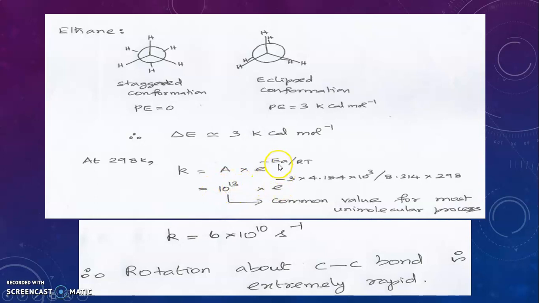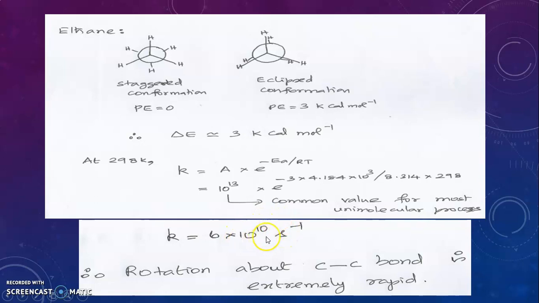Then substitute the activation energy Ea, which is 3 kilocalorie per mole. For the conversion of calorie into joule, I'll multiply by 4.184, and to convert kilojoule into joule, I'll multiply by 1000. Then divide by R. R is 8.314 and temperature is 298 Kelvin. If you calculate, we'll get the answer as 6 into 10 to the power 10 second inverse.